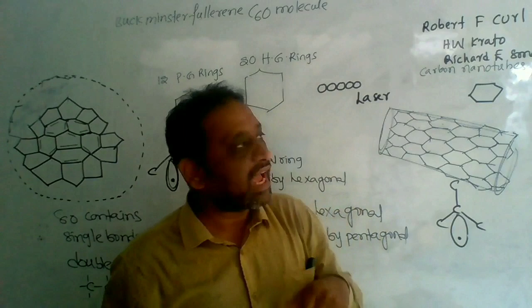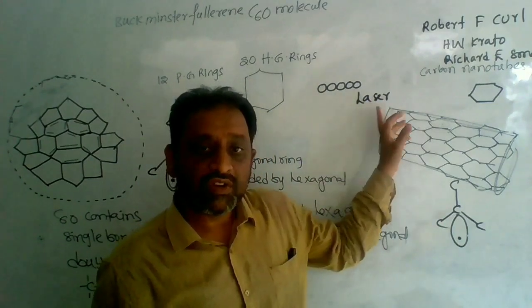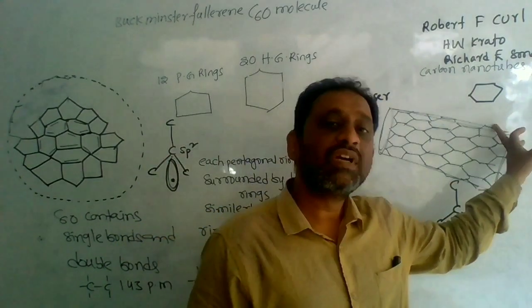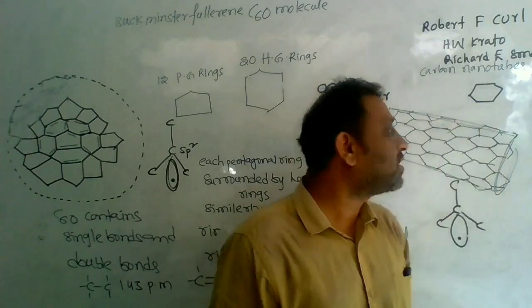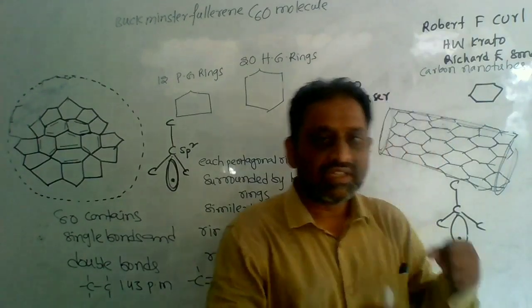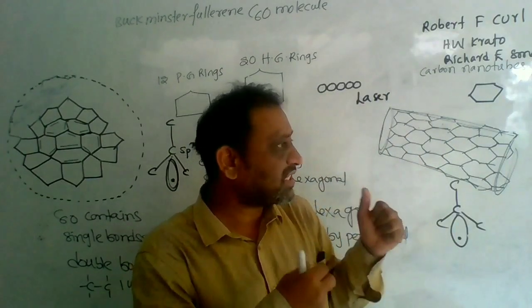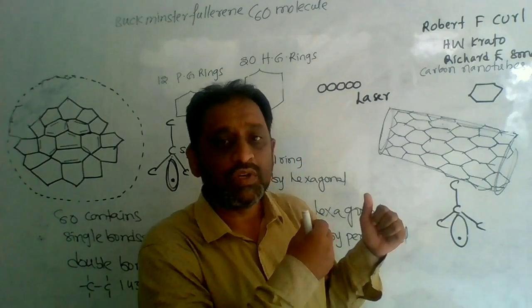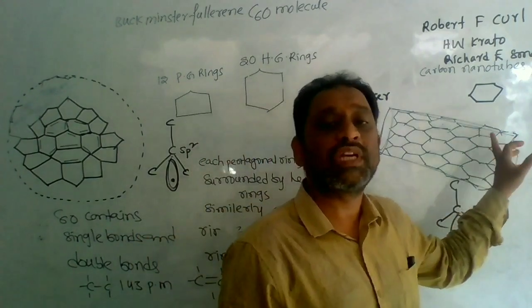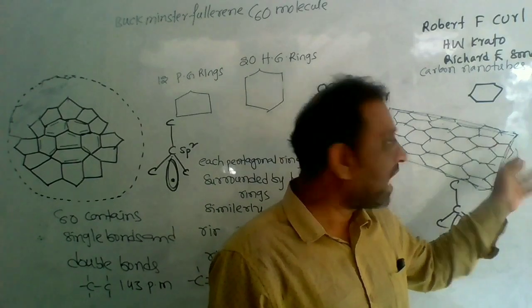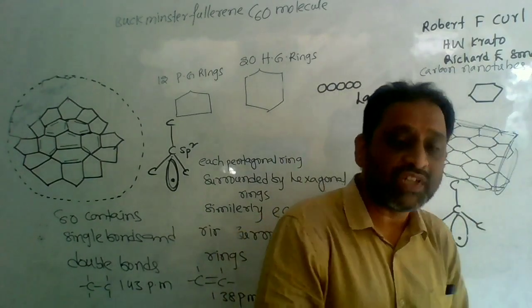That's why nanotubes are also used for the repairing of damaged heart tissues. Even in heart patients, graphene stents are also used in operations. So nanotubes are also used in the medical field.